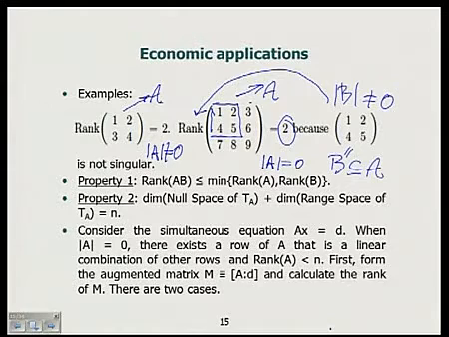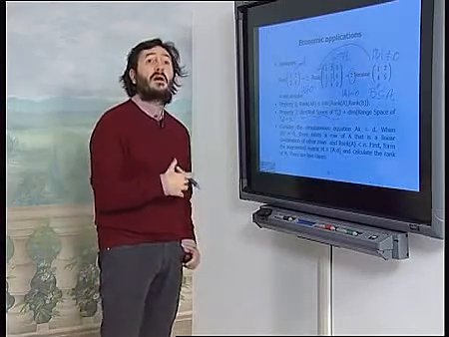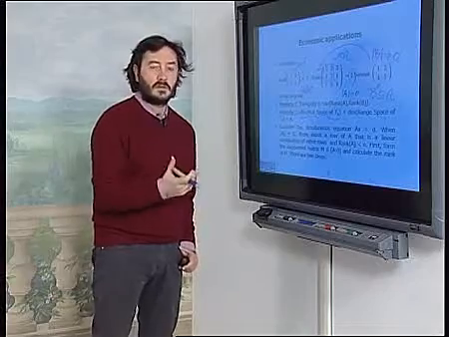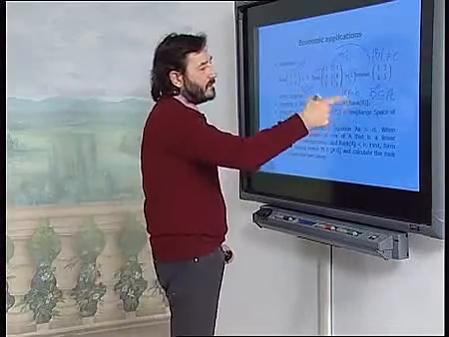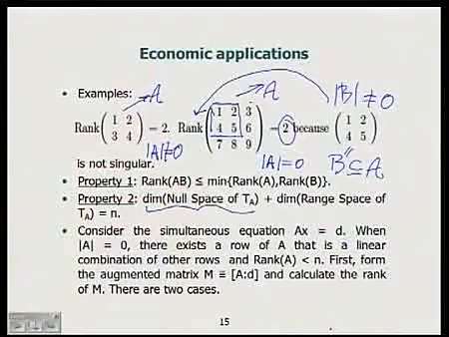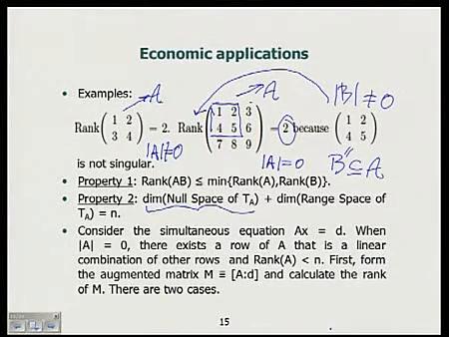If we have an n by n matrix, and we have some dimension of the null space, where the linear mapping is 0, plus the dimension of the range space, then we get all the dimensions equal to n.